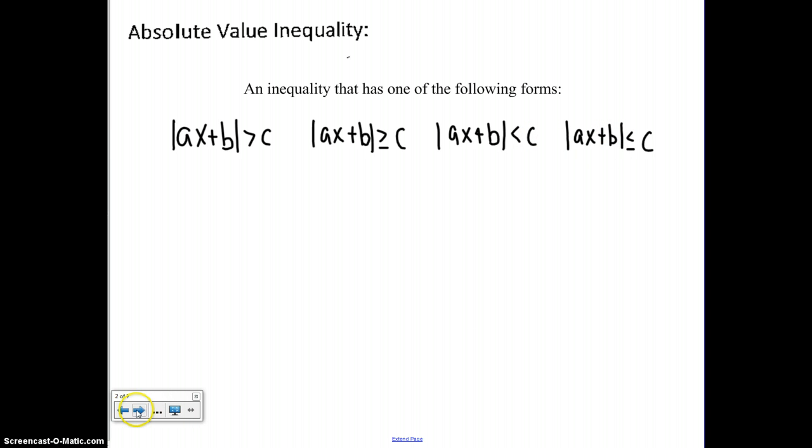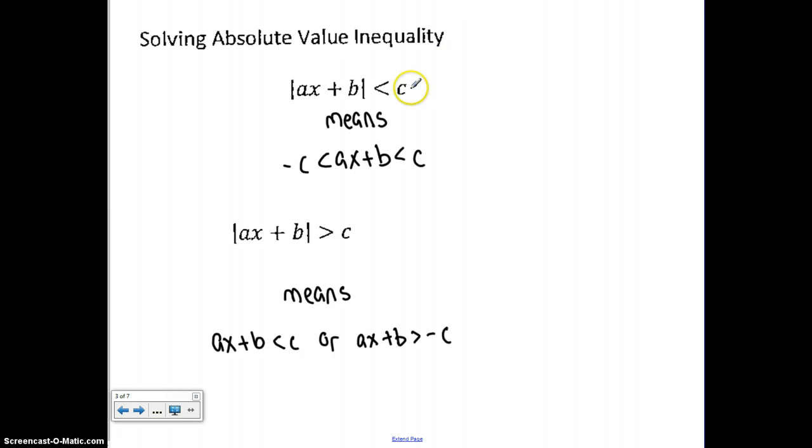So how do we solve one? Well, remember, when we're solving any type of inequality, we're trying to find values that I can put in place of x that would make this inequality true. So when I look at this case, I have the absolute value of ax plus b is less than c.